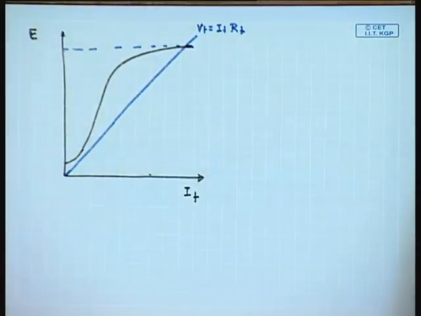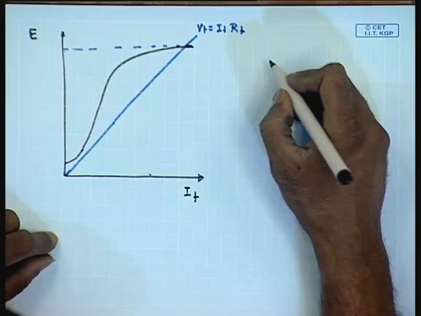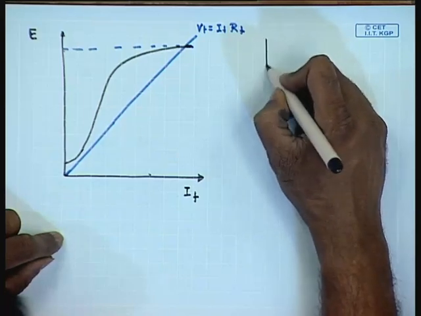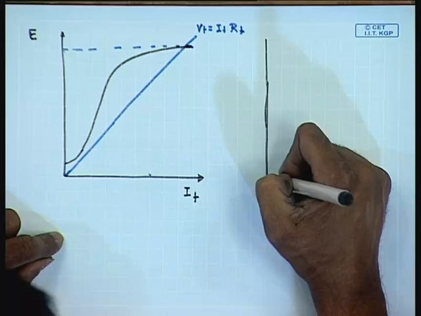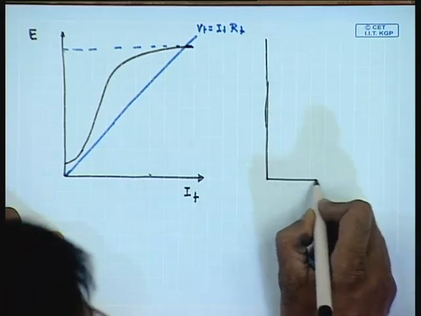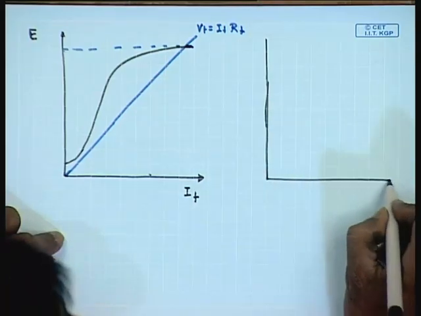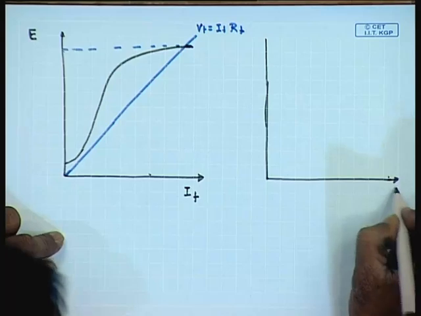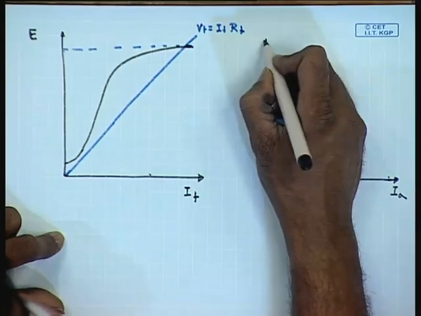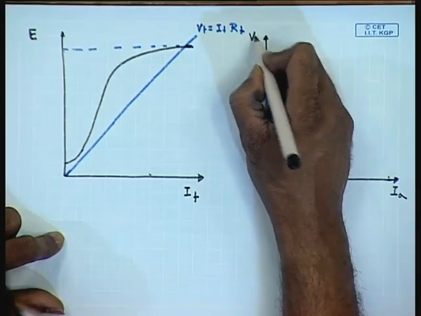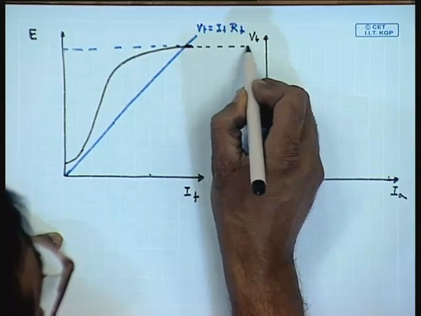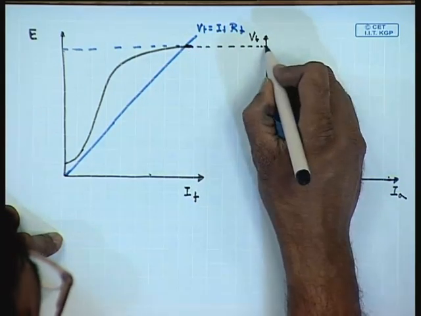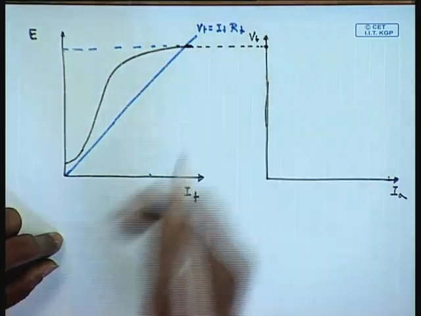So, if we plot the external characteristics, Vt versus Ia, then this point corresponds to the armature current of Ia almost 0, very small.